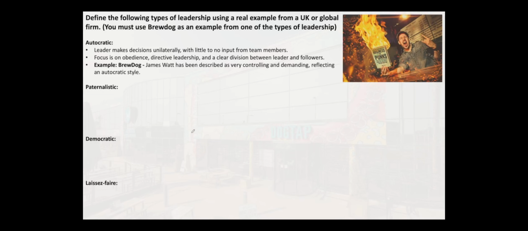So here's a bit of BrewDog. Look at that image. I love that image. That sort of sums up the cutting edge style of image that James wants us to believe. Basically, if you read the book there, it's basically ignoring the rules of beer.